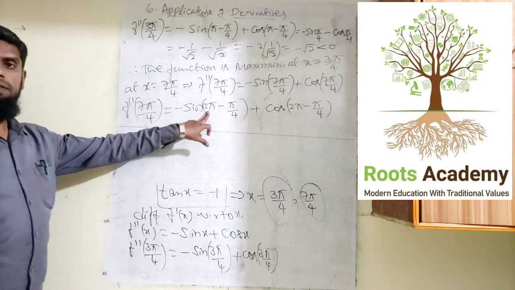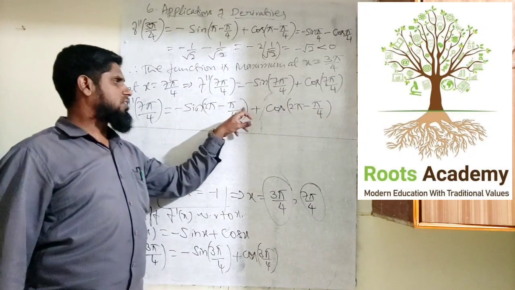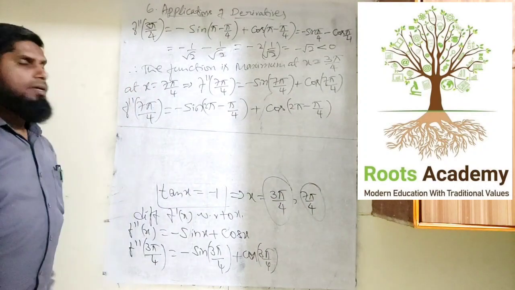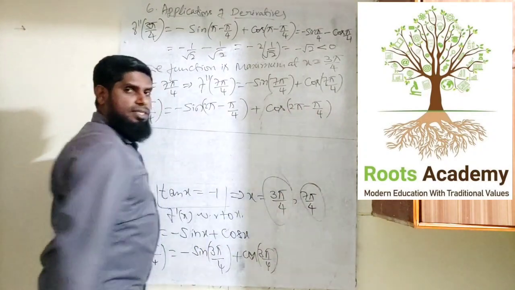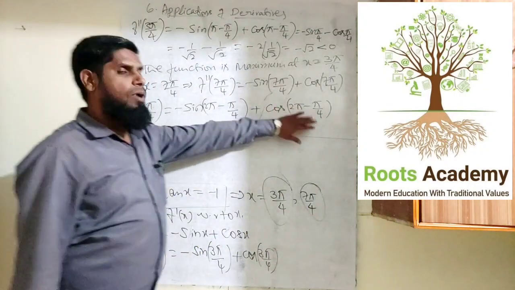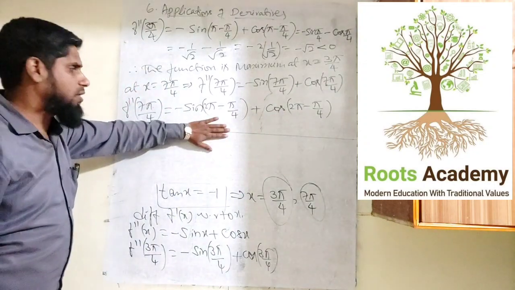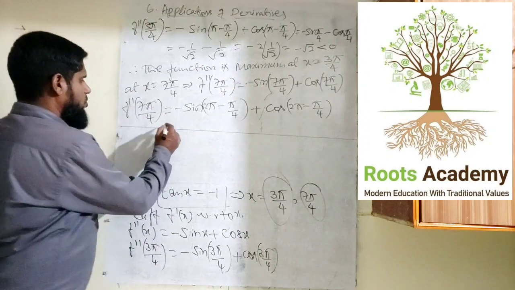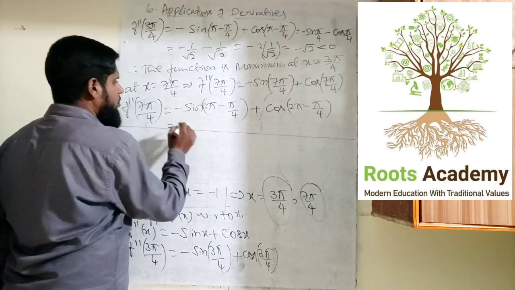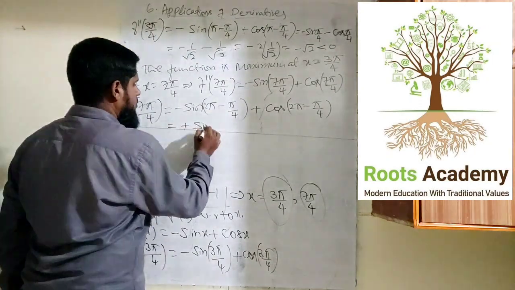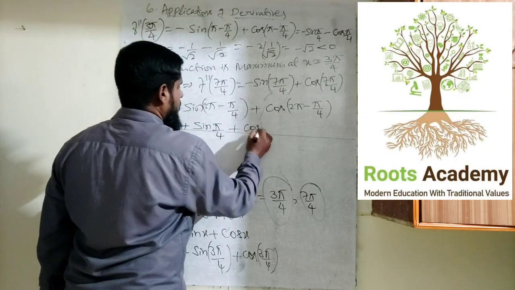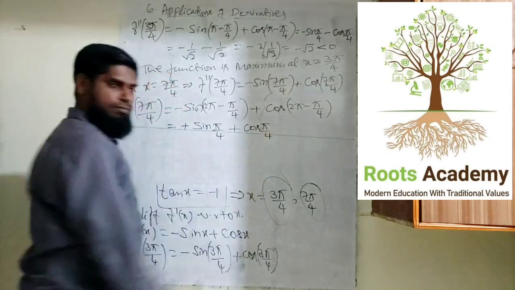2 pi is 360, so sin (360 minus theta) and cos (360 minus theta). 360 minus means it is the fourth quadrant, so cos gives positive value, sin gives negative value. There is already a negative here, so minus into minus becomes plus. So this gives minus into minus plus sin pi by 4 plus cos pi by 4.